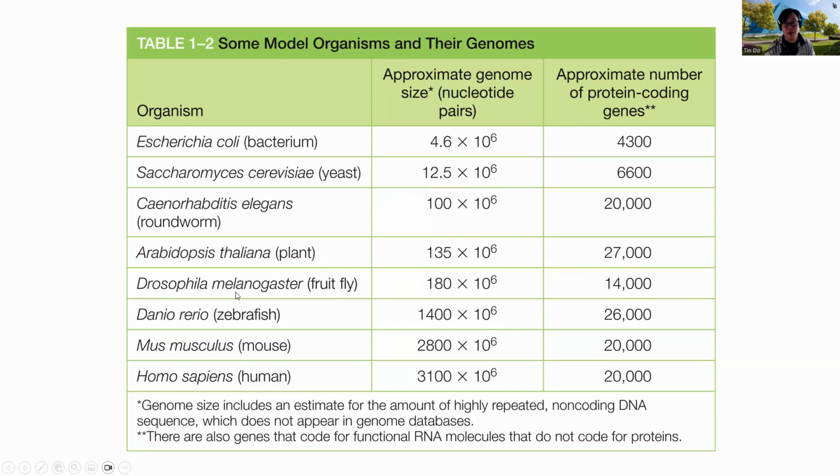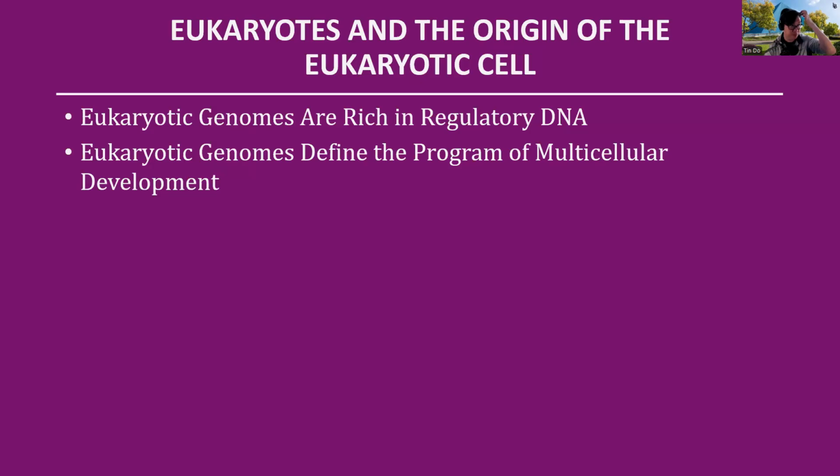So a lot of these right here are actually introducing you guys to the model organisms. We have the roundworm, we have the Arabidopsis, we have the Drosophila, we have the zebrafish, as well as the mouse and the Homo sapiens. So these are all model organisms that we are going to be discussing right now in the next section of this chapter.